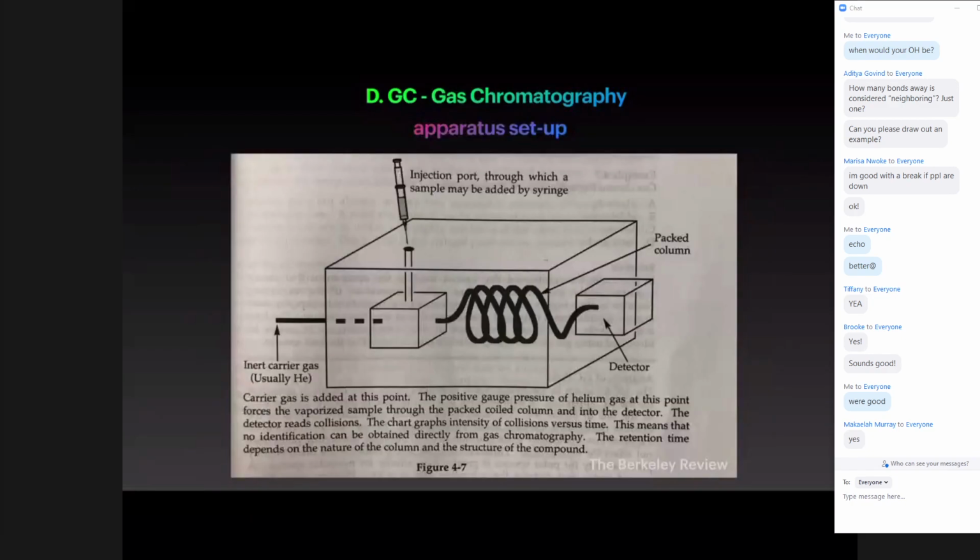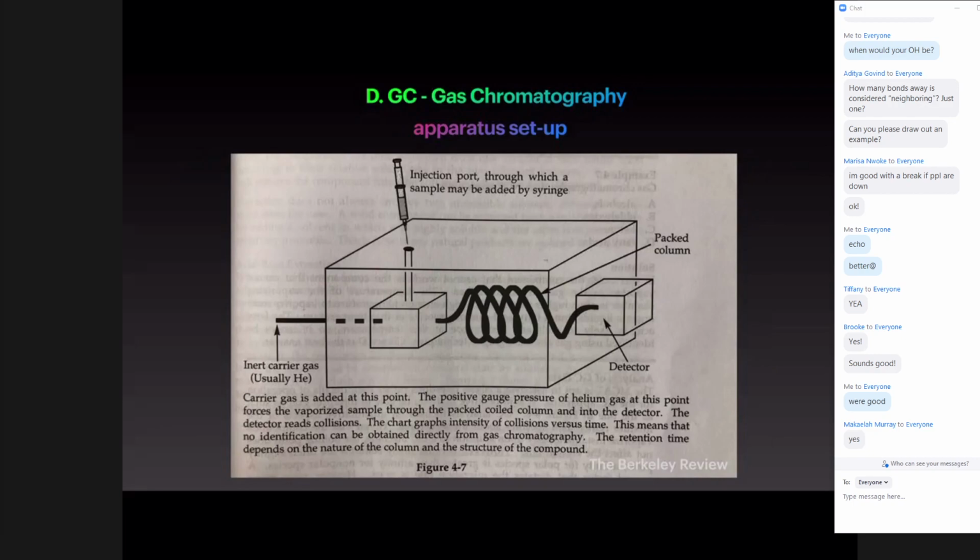And here is the apparatus setup for a GC. So this is in your Berkeley Review book. We'll just read the bottom of figure 4.7.